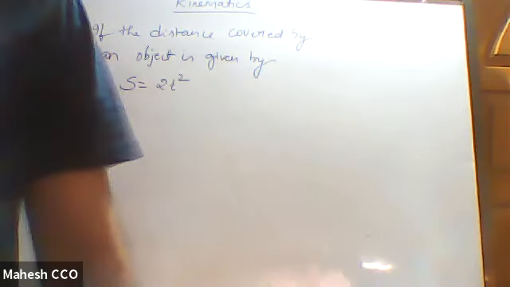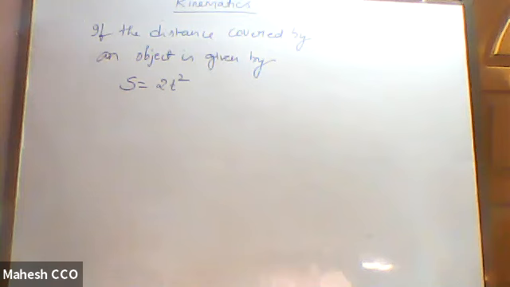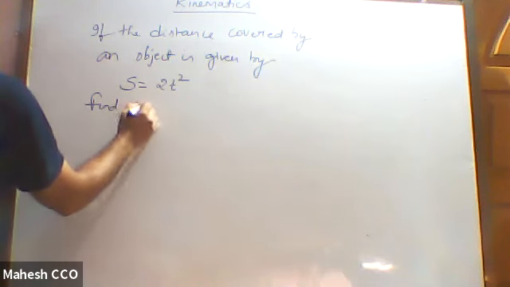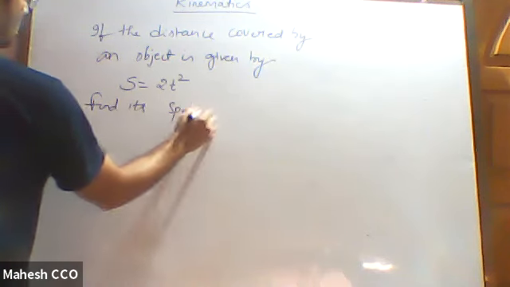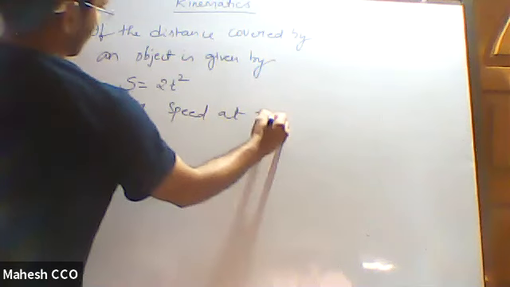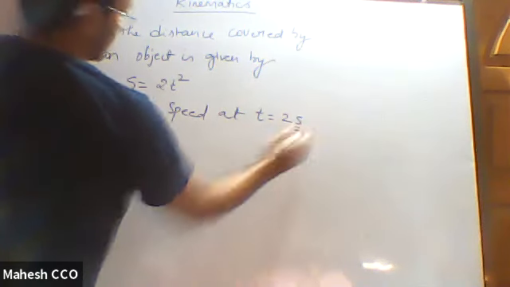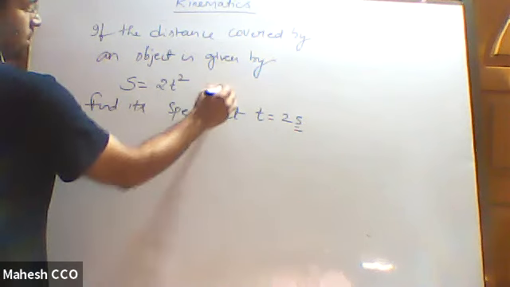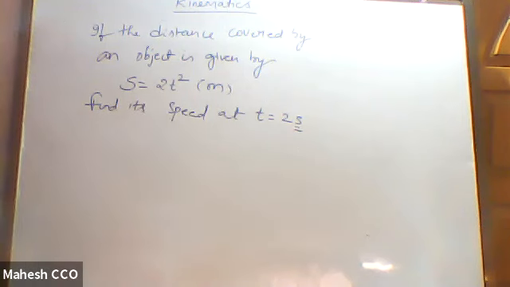If the distance covered by an object is given by s is equal to 2t square, find its speed at t equal to 2 seconds. Maybe s is equal to 2t square in meters. Very simple question, try to do it.